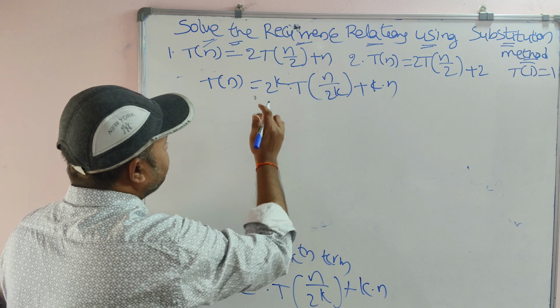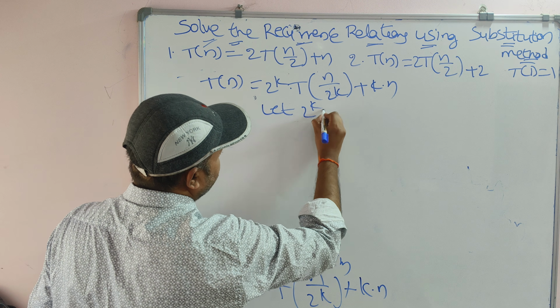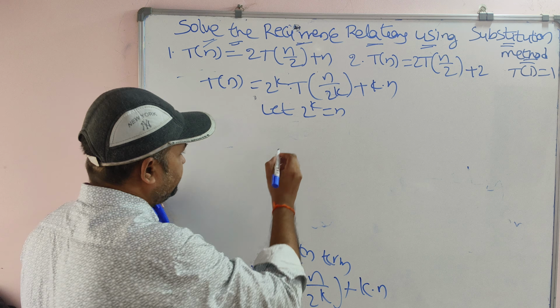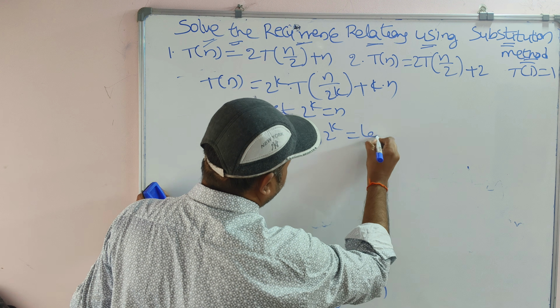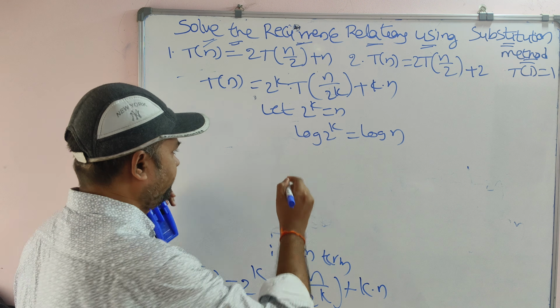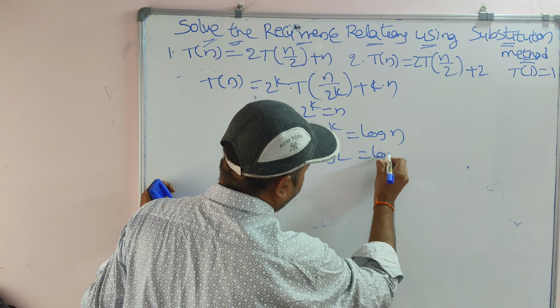So let this 2^k equal to n. Apply log on both sides. Then we will get log 2^k equal to log n. Log a^m means m log a. So k log 2 equal to log n.